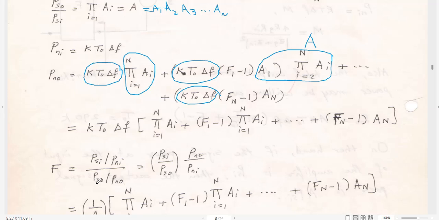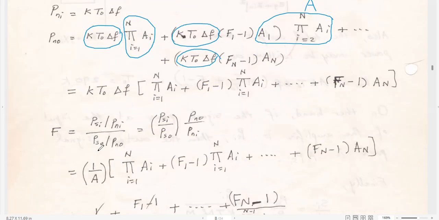PSI over PSO, PSO over PSI is A. The signal output over signal input is equal to A1, A2, A3, etc., until we reach AN. Now PNO over PNI, this is PNI from the resistor.